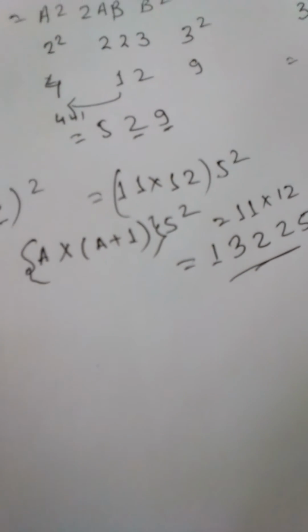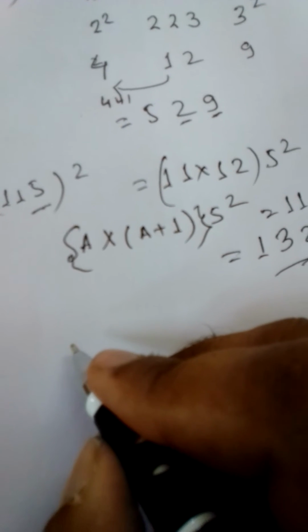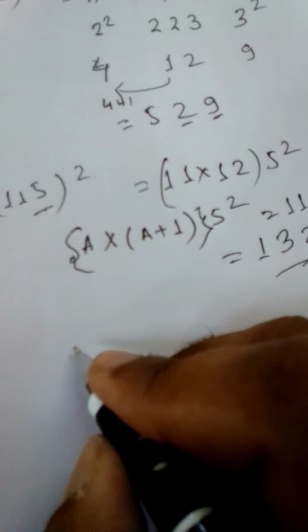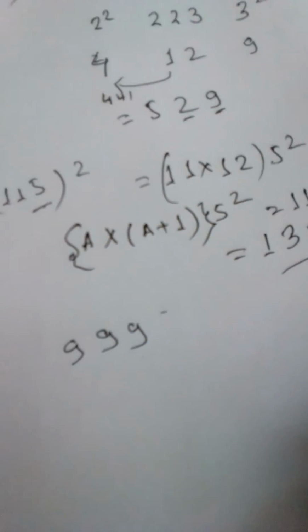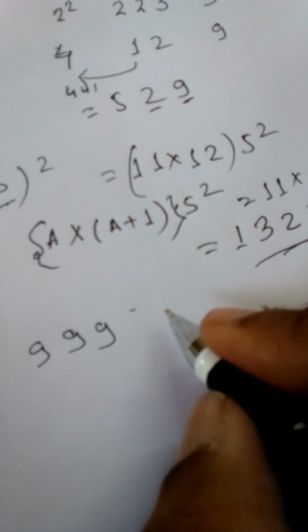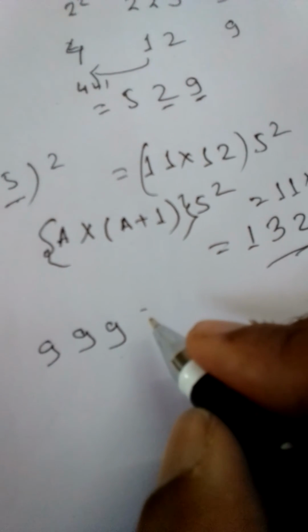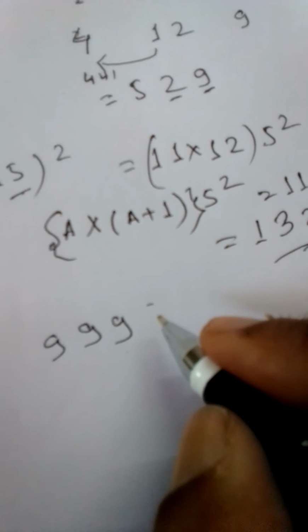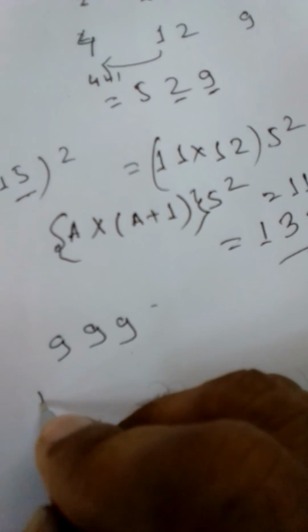Then we come to another formula where all the digits are 9. In this case we have to remember some steps, for numbers like 999.